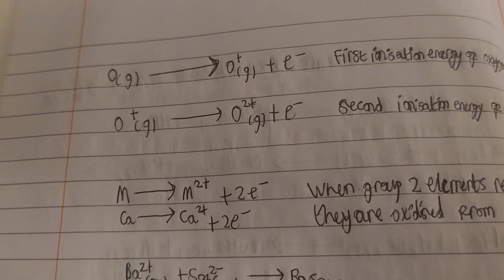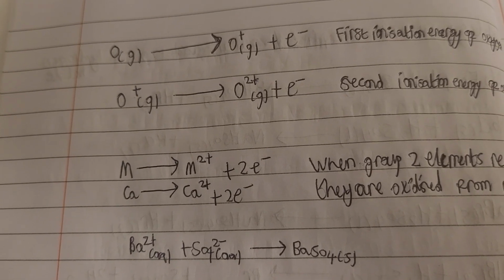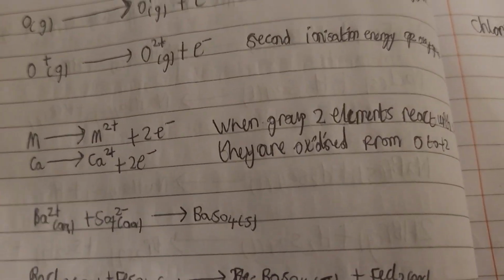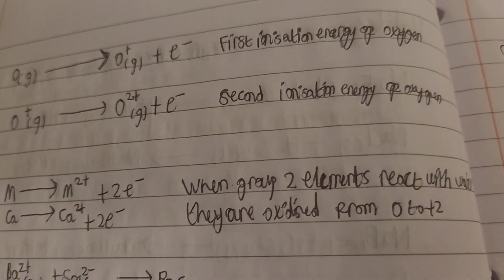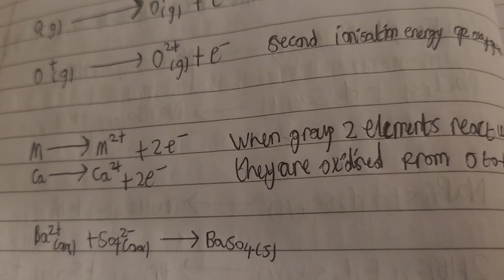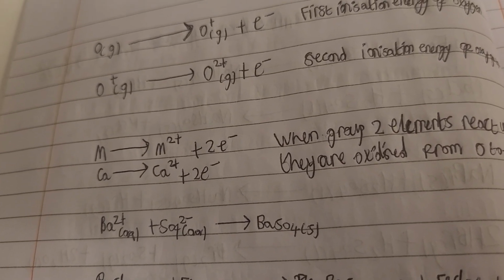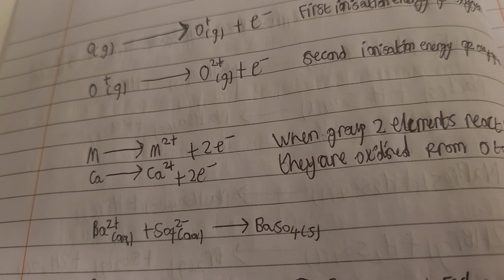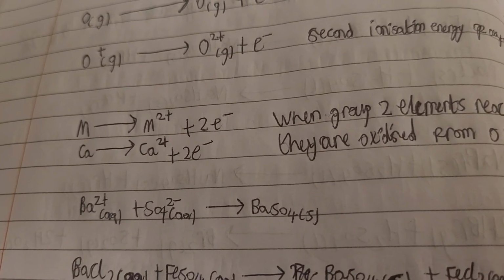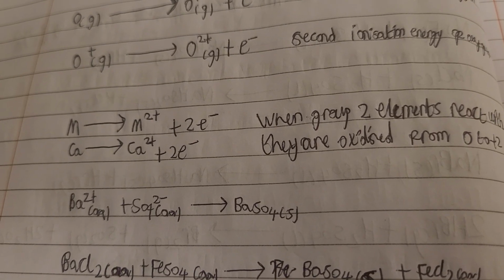This second bit, M to M2+ plus 2e-, is the idea that when group 2 elements react with water, they are oxidized from 0 to +2, which is a key fact you probably should know. So you can see from M to M2+, Ca to Ca2+. When group 2 elements react with water, they're oxidized from 0 to +2.